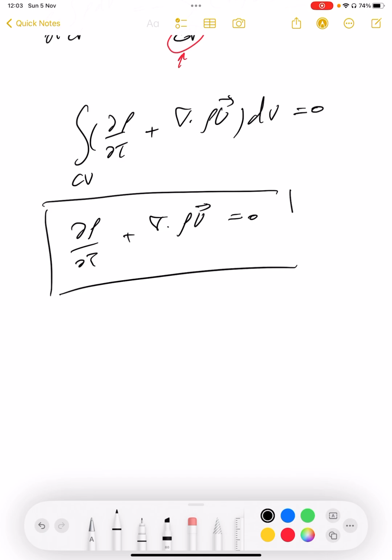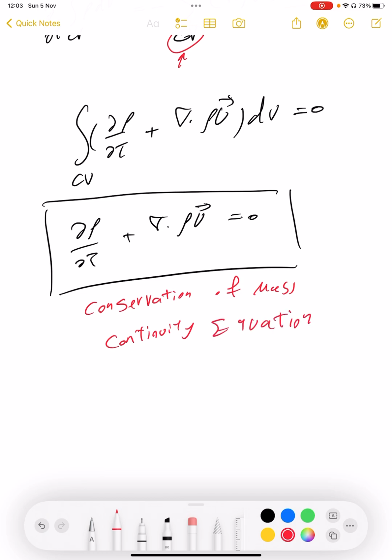And this is the conservation of mass, or continuity equation.